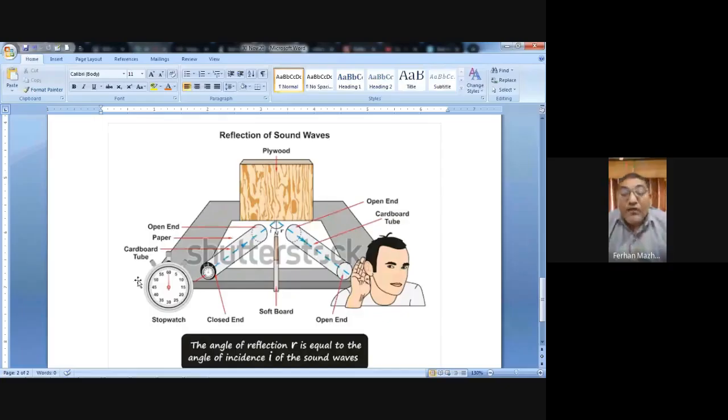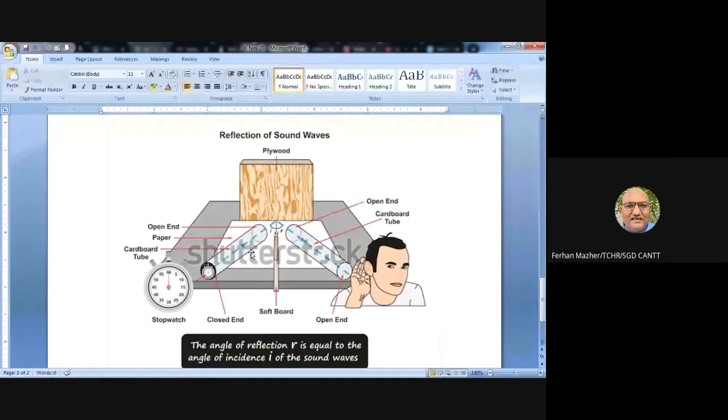Here is a soft board, and there is a gap between the plywood and the soft board. I have placed one pipe in this direction, as you can see in this diagram.